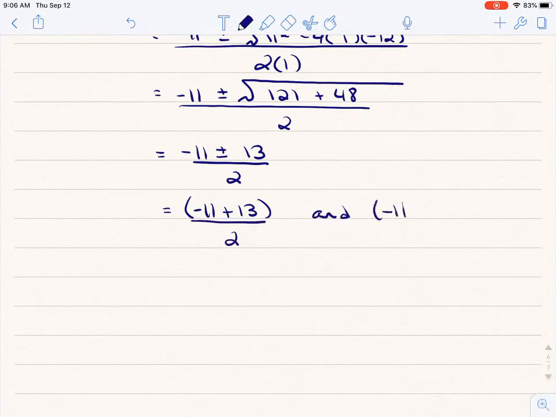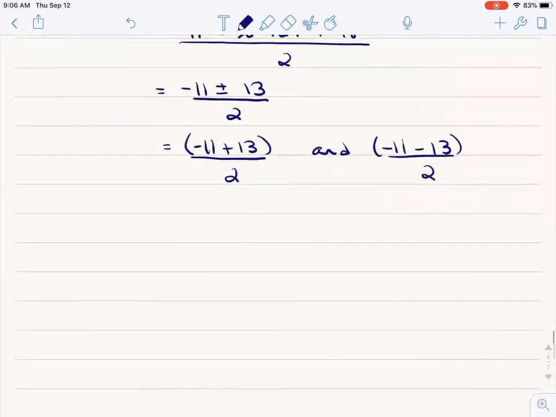And -11 minus 13 divided by 2. -11 plus 13 divided by 2 is a nice 1. And -11 minus 13 divided by 2, I get -12.